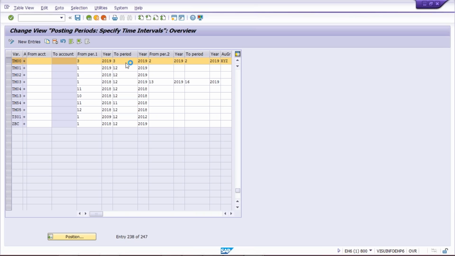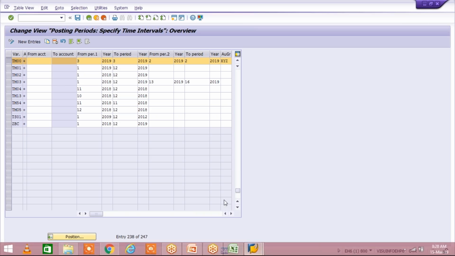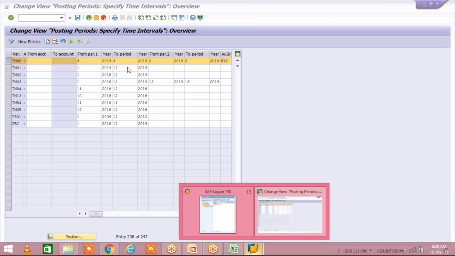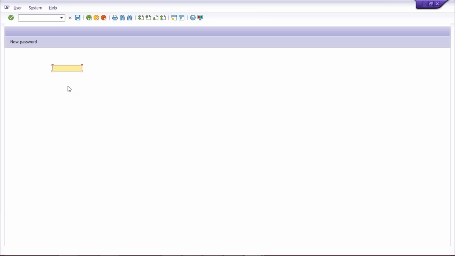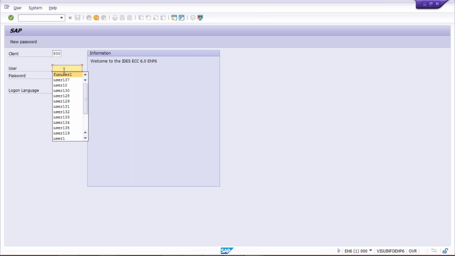Now I'll do one thing, guys. I'm talking about a non-calendar year. Indian companies are going to use a non-calendar year. So March month is which period, guys? March will be the 12th period, because March is the last month, right?